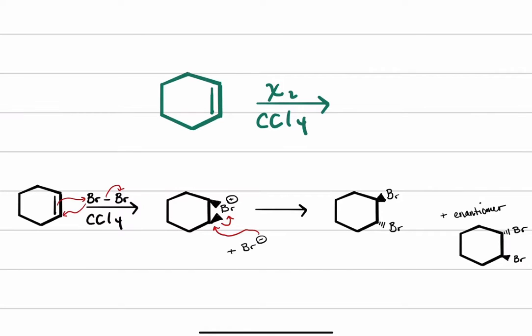This is a backside attack, so our nucleophile will end with the opposite stereochemistry as our cyclic brominium ion. And because that bromide can attack either carbon if there's not a more substituted carbon, and that cyclic brominium ion can form such that it's facing towards us or away from us, we need to be aware of enantiomers and diastereomers forming.